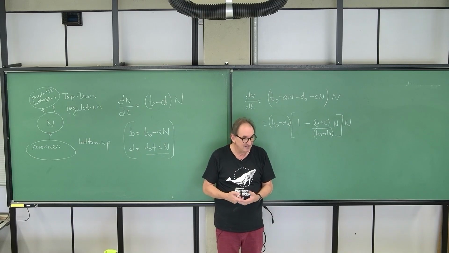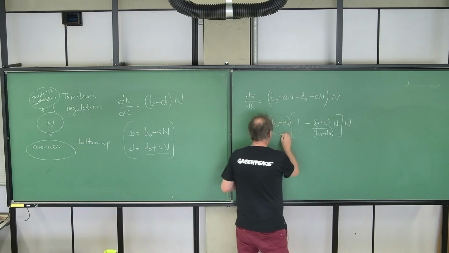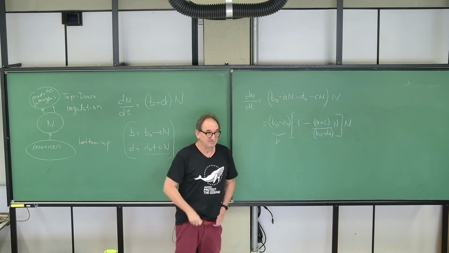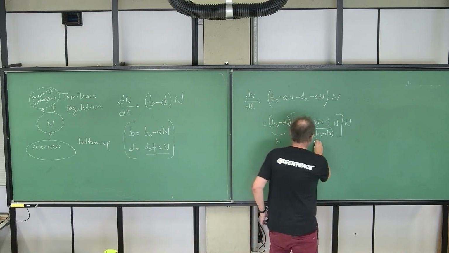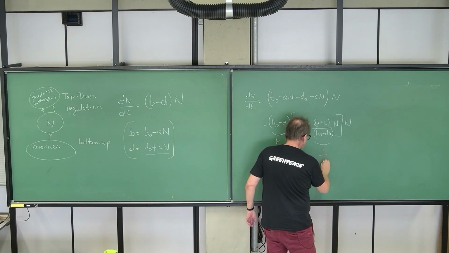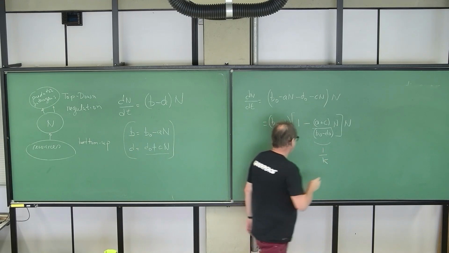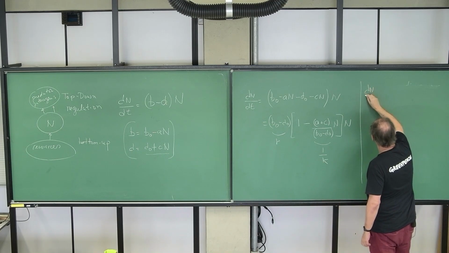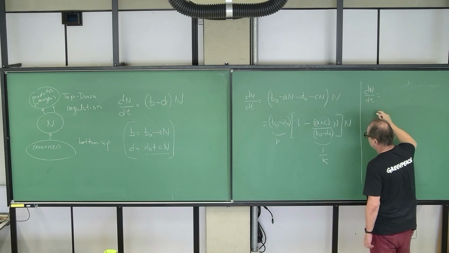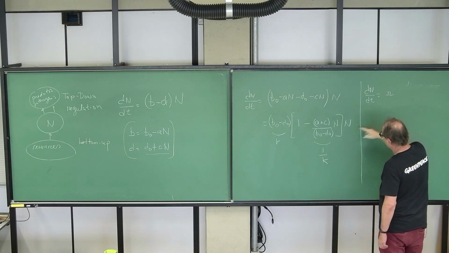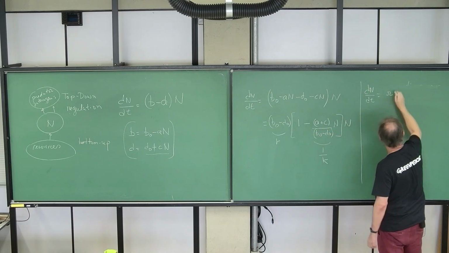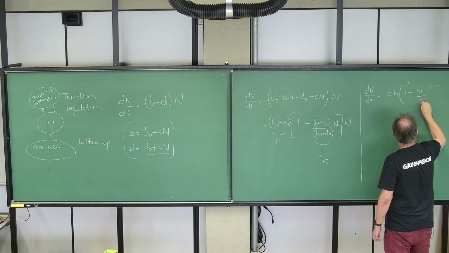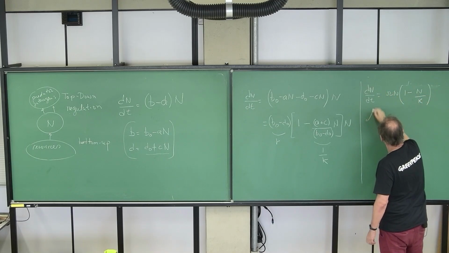Okay? So I will call this R, as we had. And I will call this here 1 over k. And with this, we come to the equation that is called the logistic equation. And I will put this n here. This is the logistic.